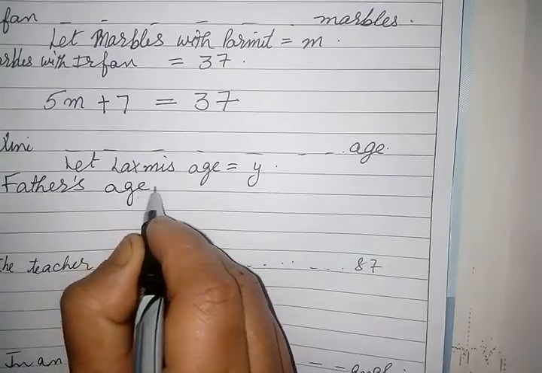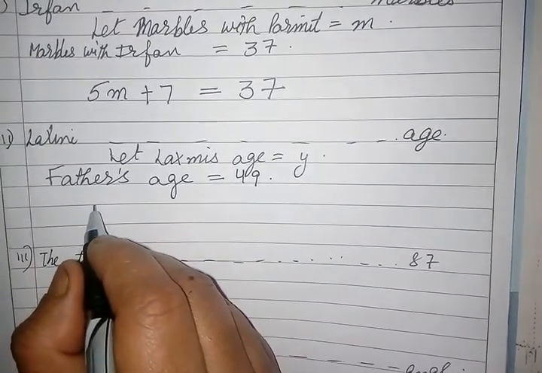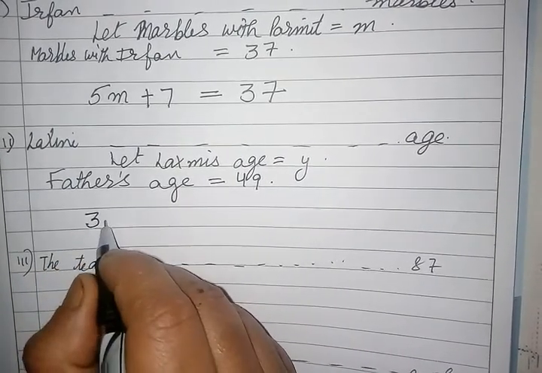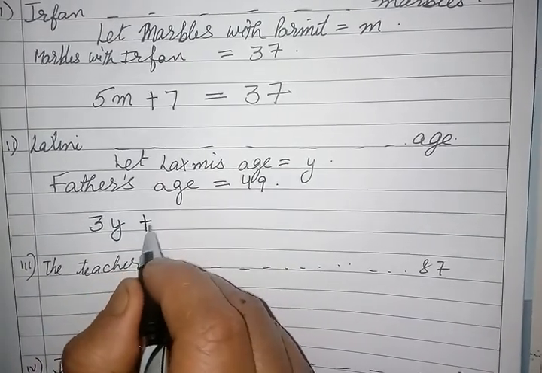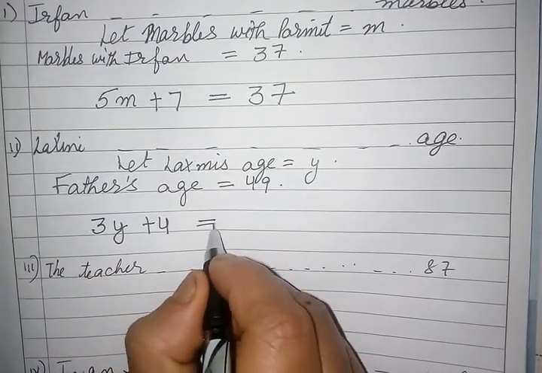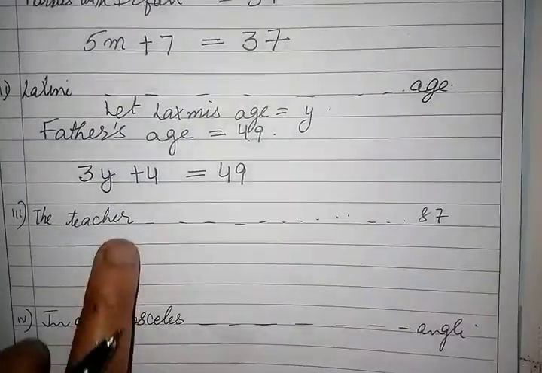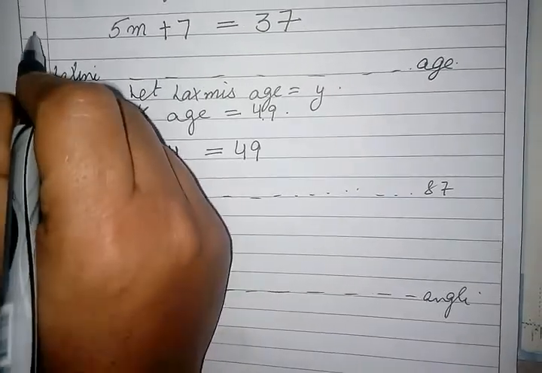Father's age is equal to 49, and also father's age is 4 years older than 3 times y. 4 years older means plus 4 is father's age, and father's age is 49. So this is the final equation that we will get.